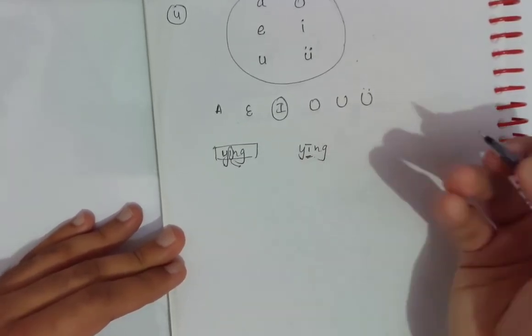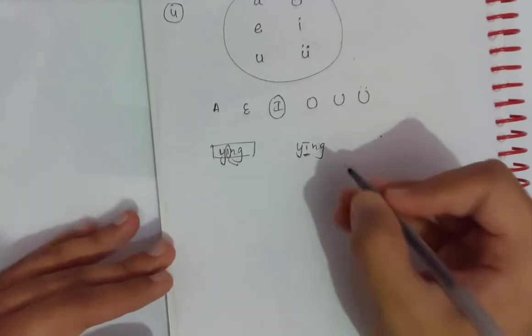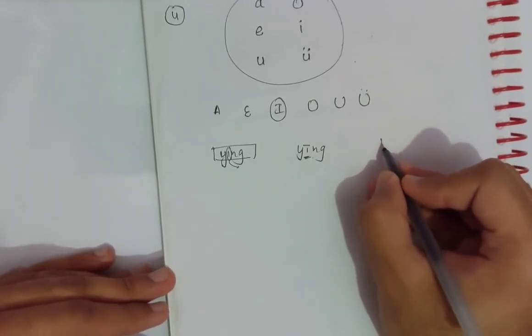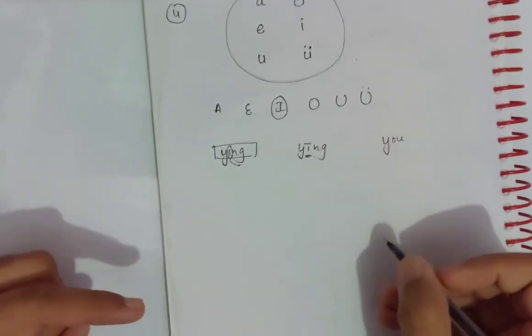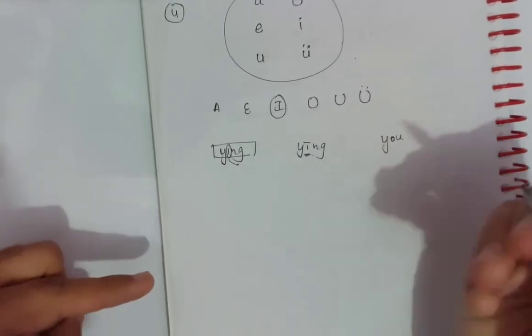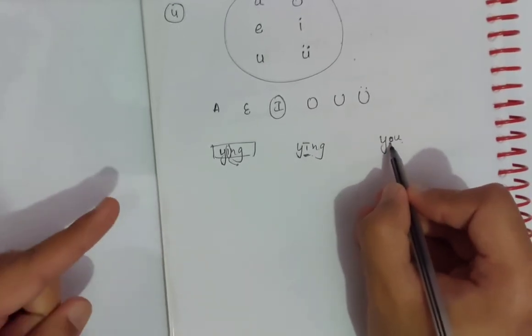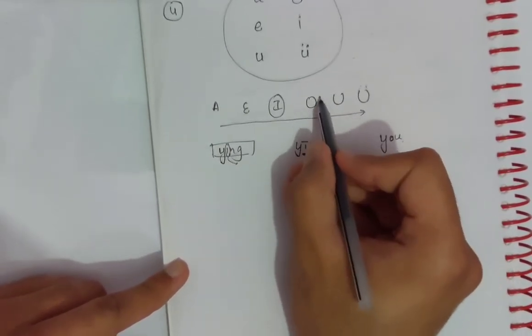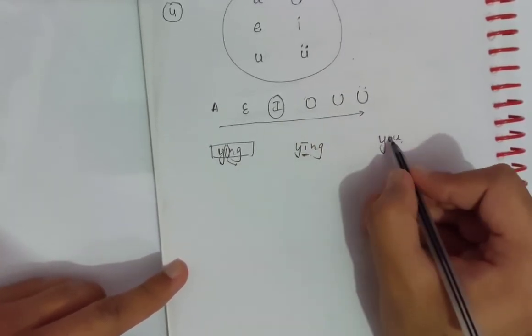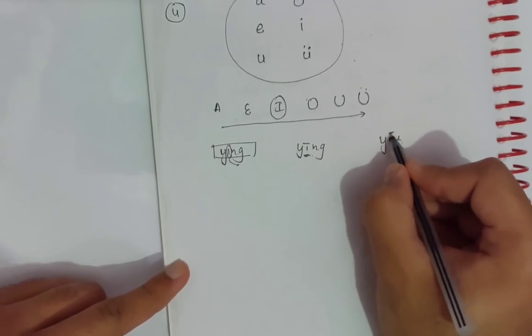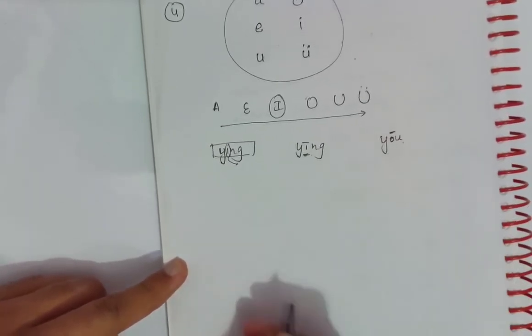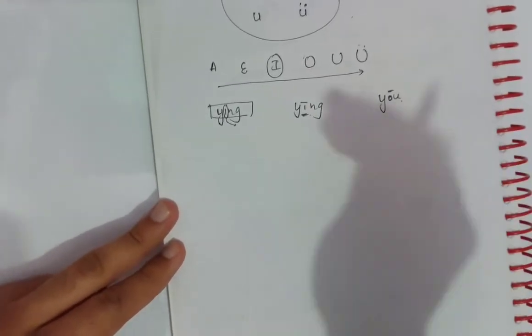But if there is any word which contains many finals, like yo, then we place the tone on u or o. You have to remember this sequence. So first comes o, then u. So place the tone on o, okay, not on u. So this is yo.